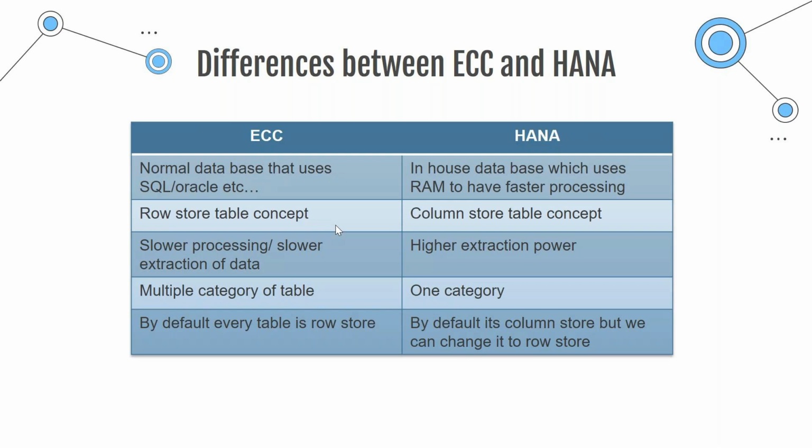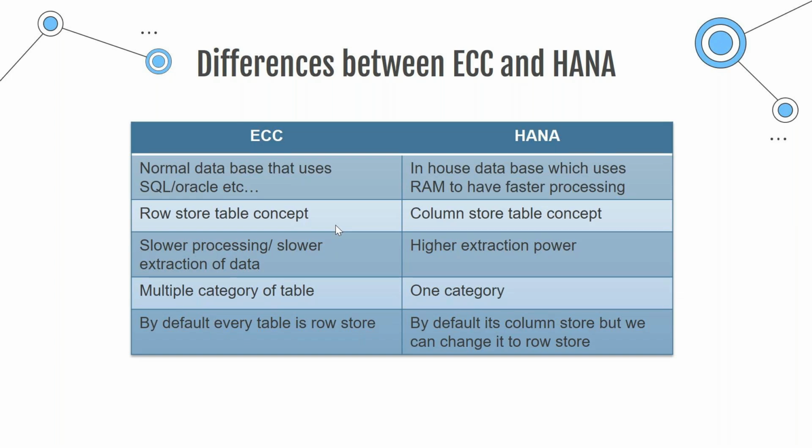That is the concept of ROM. Whereas in your HANA system, it will use the concept of RAM, random access memory. It is similar to some mobile phones these days, where you get an option to convert your RAM also into your storage.